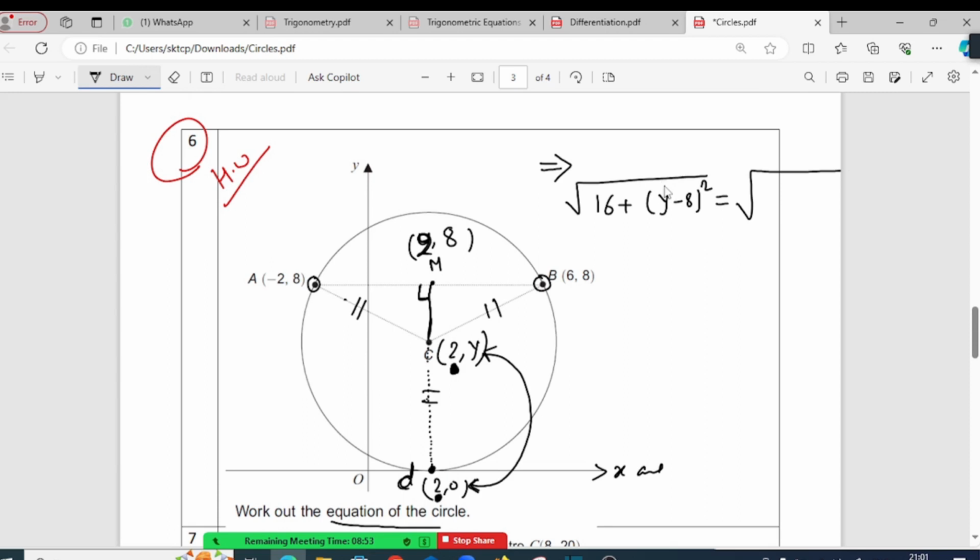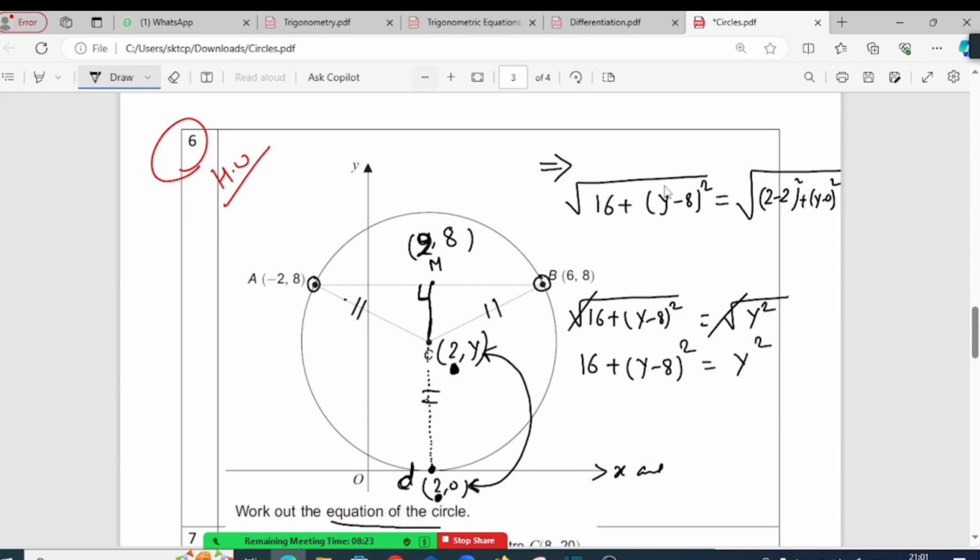Or you can write it in a simple way also. You can write here the square root of (2 minus 2) whole squared plus (y minus 0) whole squared. So it will be the square root of 16 plus (y minus 8) whole squared equals y. So squaring both sides, this square root will cancel out, so you will get 16 plus (y minus 8) whole squared equals y squared.